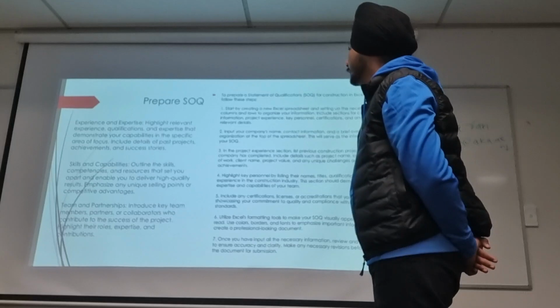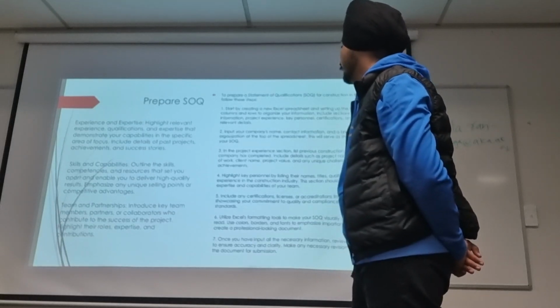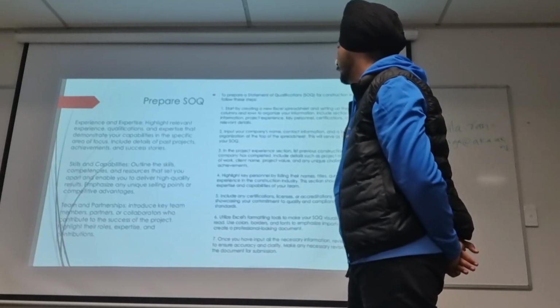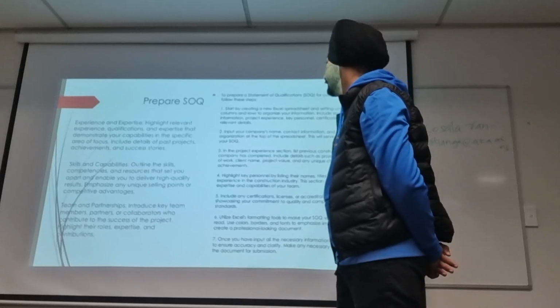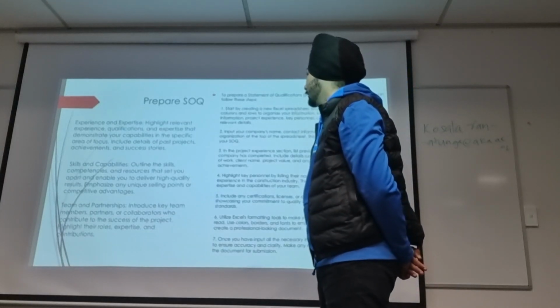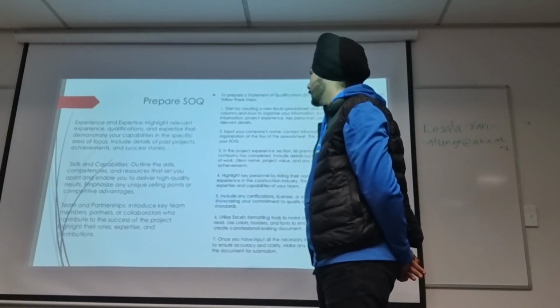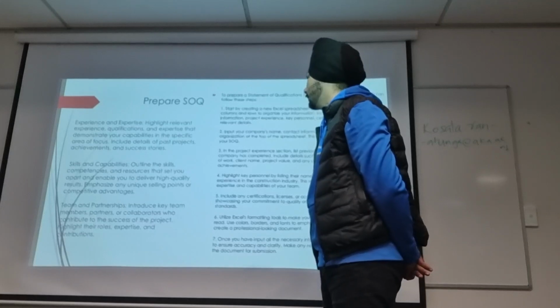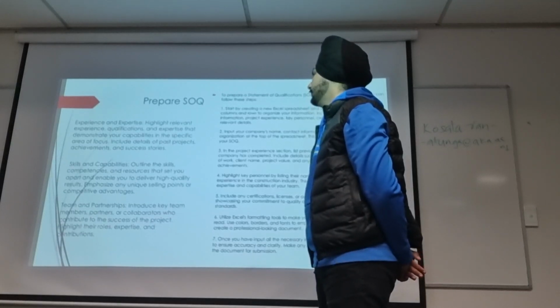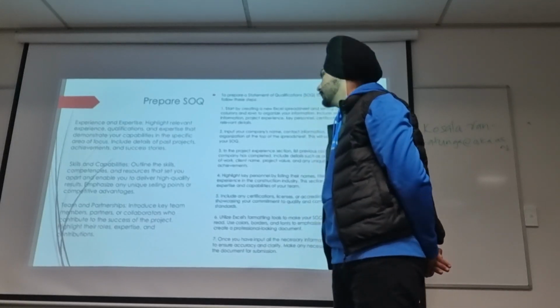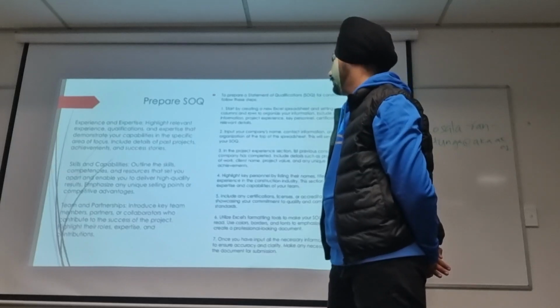Prepare SOQ. Experience and expertise. Highlight relevant experience, qualifications, and expertise that demonstrate your capabilities in the specific area of focus. Include details of past projects, achievements, and success stories. Skills and capabilities.